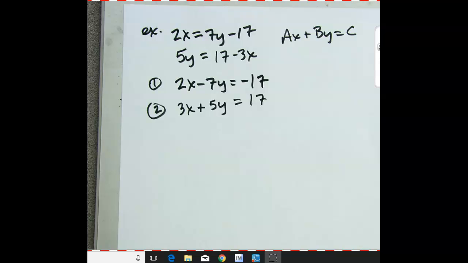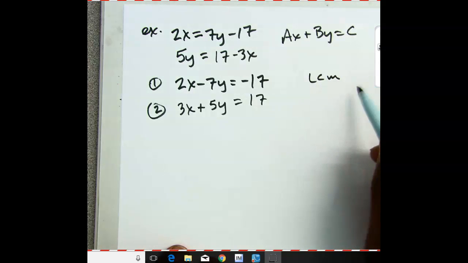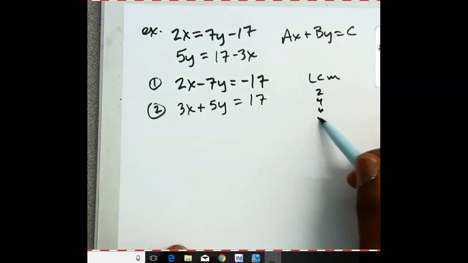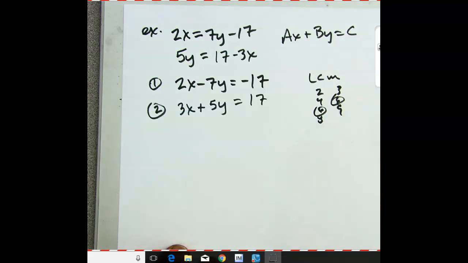So once we decide which variable to eliminate, we have to find their least common multiple. So if we eliminate x, what's the least common multiple between 2 and 3? 6. Because 2 is 2, 4, 6, 8, 3 is 3, 6, 9. So 6 is the smallest number that's a multiple of both.